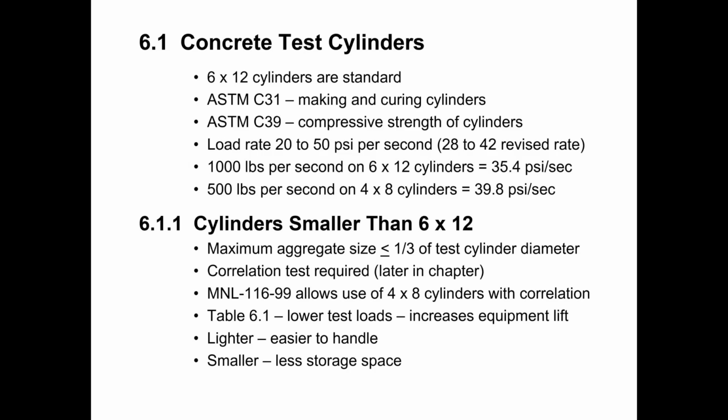It doesn't mean standard in the sense that it's typical, that it's what most people use. It's standard in the sense that no matter what you're using to evaluate concrete strength, either you have to compare that to the strength of a 6x12 cylinder, or somebody else has already done that and shown that whatever method you're using, within a reasonable degree of error, will provide a result that is similar to what a 6x12 cylinder would indicate.